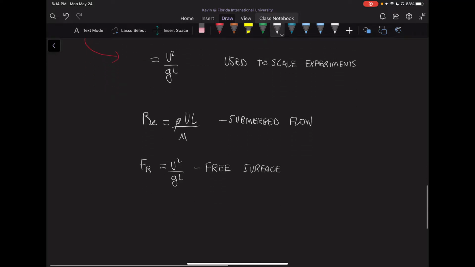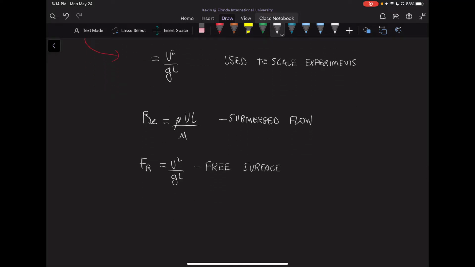We then also have the Weber number, We is equal to rho u squared L over Y, which looks at the effect of surface tension, and it usually looks at surface waves, open channels, and ship resistance.